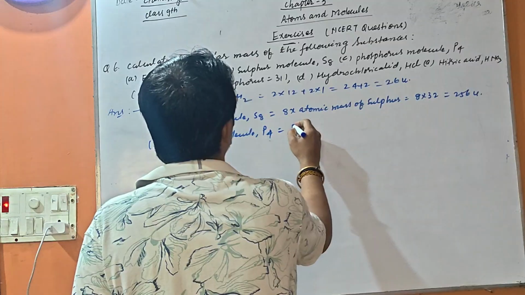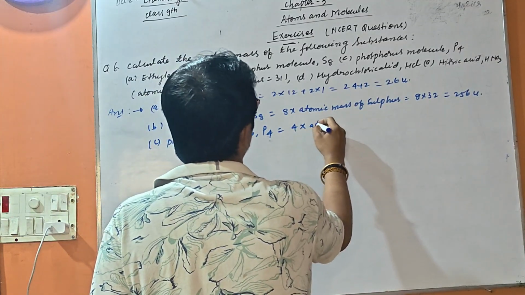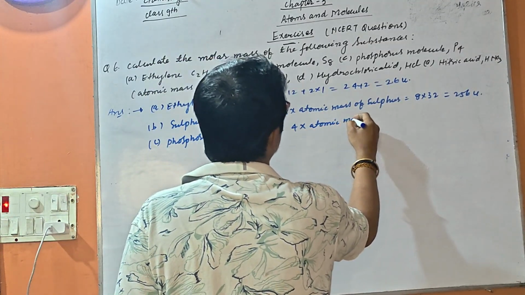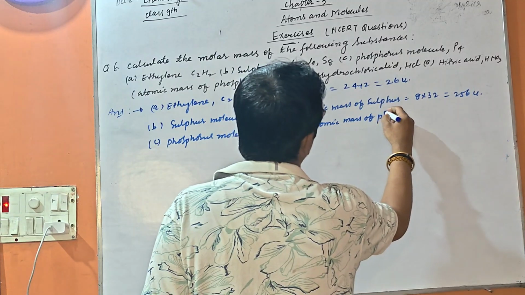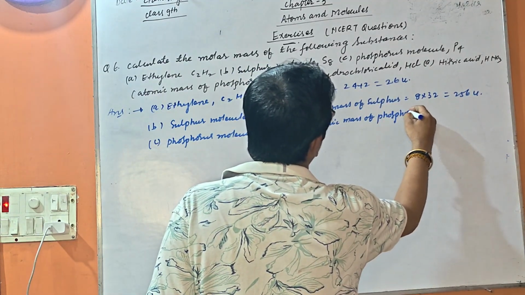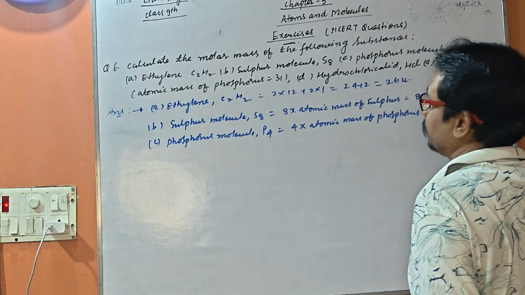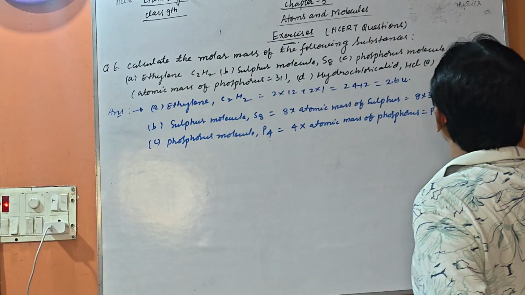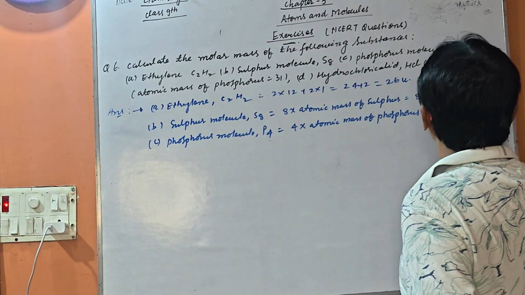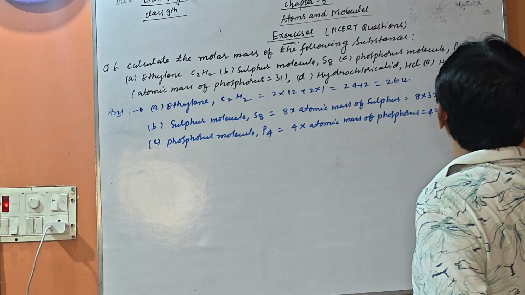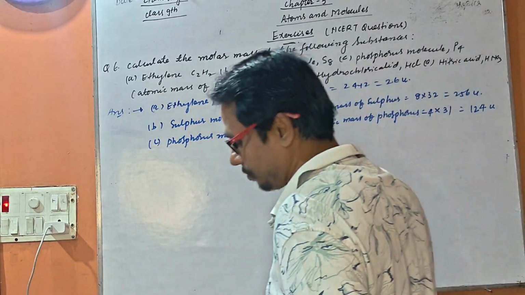C is the phosphorus molecule, P4, is equal to 4 into atomic mass of phosphorus. Atomic mass of phosphorus is 31, so 4 into 31, that is 124 u.